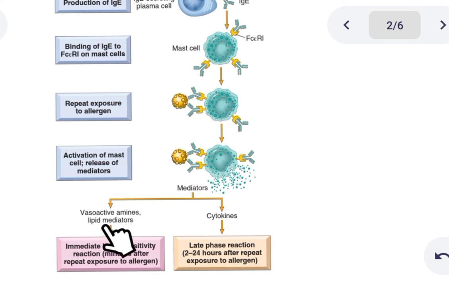Vasoactive amines and lipid mediators are responsible for the immediate hypersensitivity reaction, which occurs minutes after repeat exposure to the same allergen. The cytokines that are produced are responsible for the late phase reaction, which occurs 2 to 24 hours after repeat exposure to the same allergen.